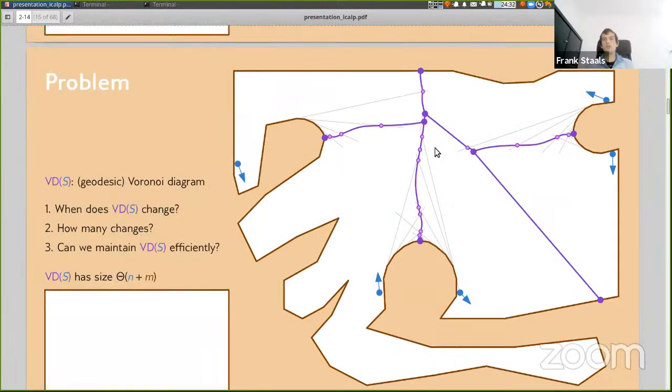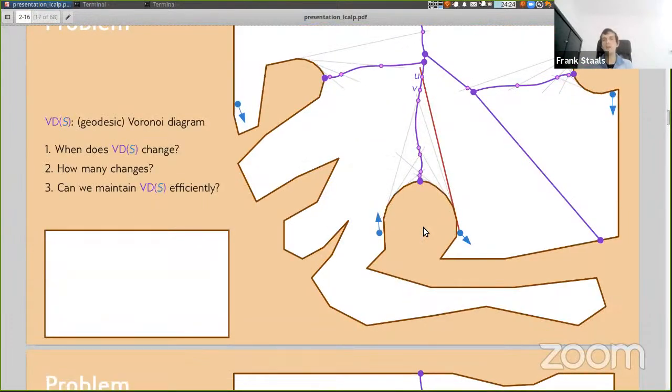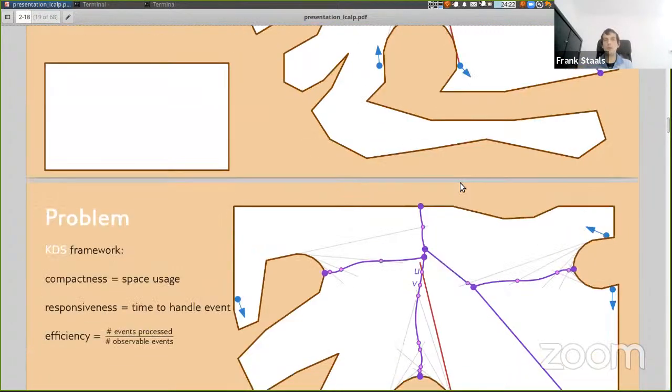The number of these pink vertices depends on the complexity of the polygon rather than on the number of moving sites. So I guess our main contribution is to show what this dependency on the boundary of the polygon is.